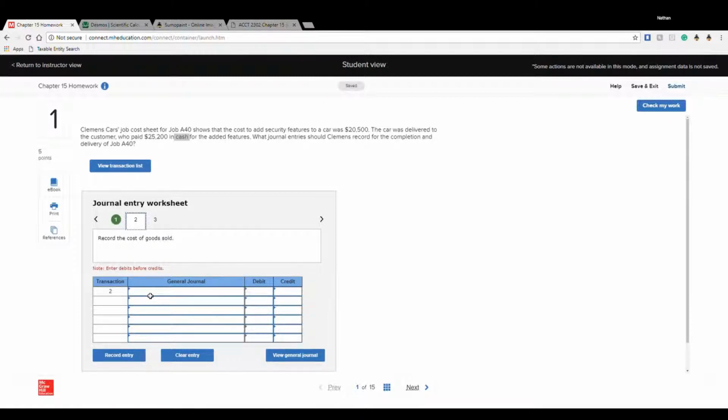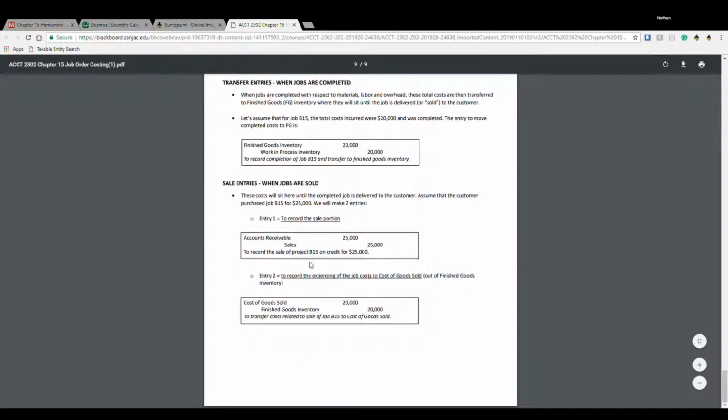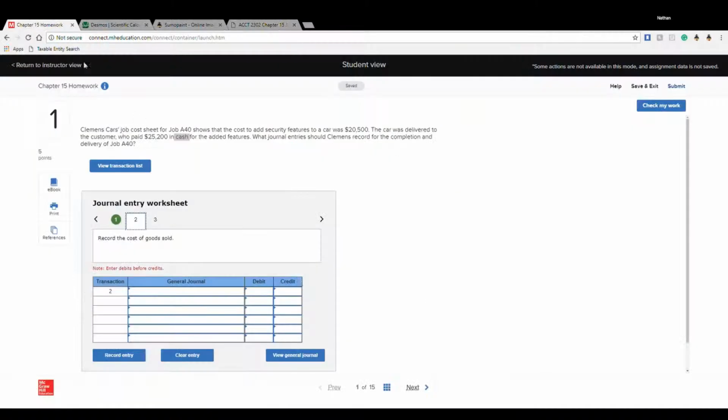Next, record the cost of goods sold. If you know 2301, this is chapter 4 journal entries. We're just switching merchandise inventory with finished goods inventory, but it's the same concept when we sell something.